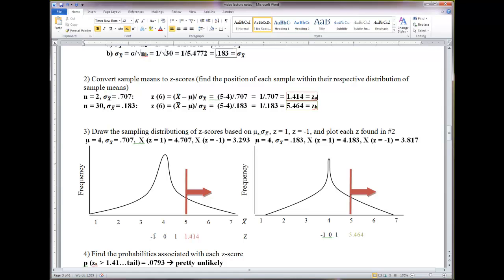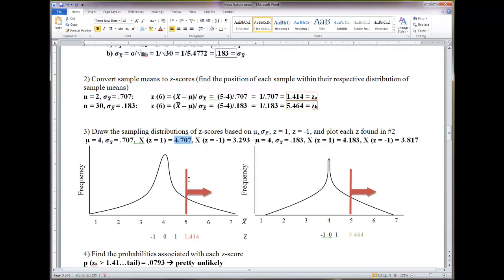And if you plot your -1 z-score and +1 z-score, you would see that for a +1, 4.707 would be the mean corresponding with a z-score of 1, which in other words is just 4 plus 0.707, plus 1 standard deviation. Here, for the z of -1, subtract 1 standard deviation, so 4 minus 0.707, and you would get 3.293, which is right about here. And just as always, the sample mean of 4 corresponds to a z-score of 0. And I use the same process over here, just with the different error.